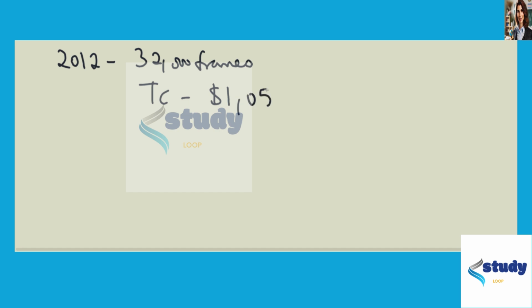So Goldstein Corporation manufactures a children's bicycle, a model CT8, and they currently manufacture the bicycle frame. Now in 2012, Goldstein made 32,000 frames at a total cost of 1,056,000. Now Ryan Corporation has offered to supply as many frames as Goldstein wants at a cost of 32.50 per frame.